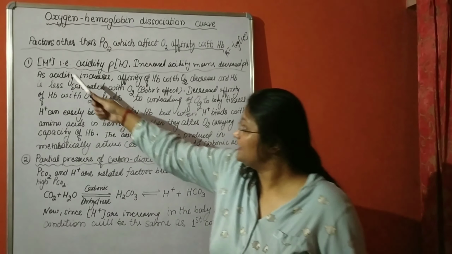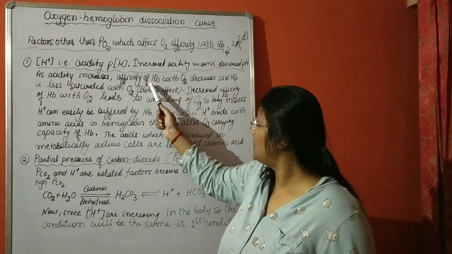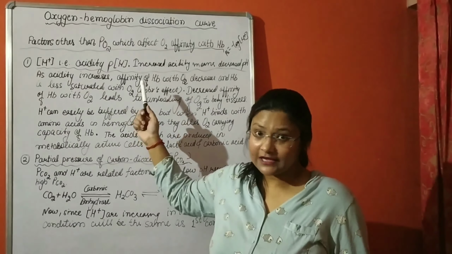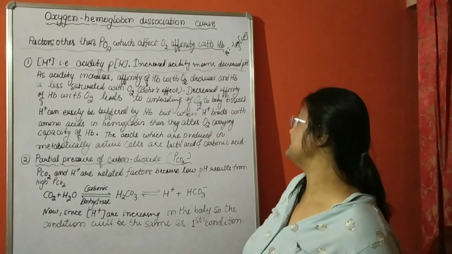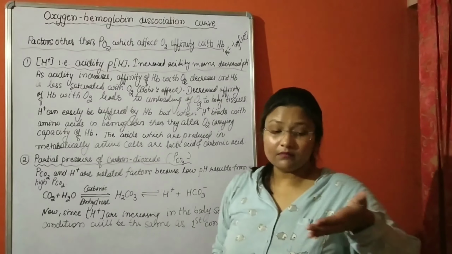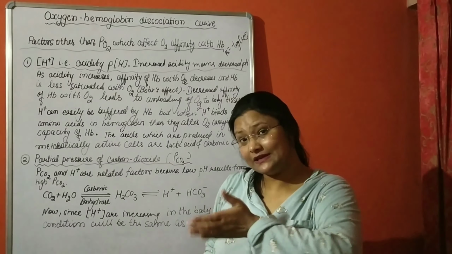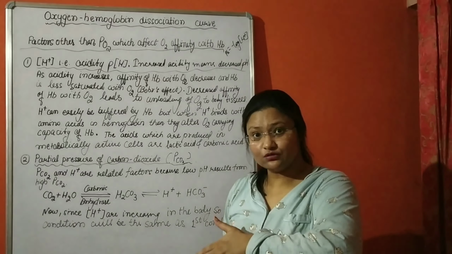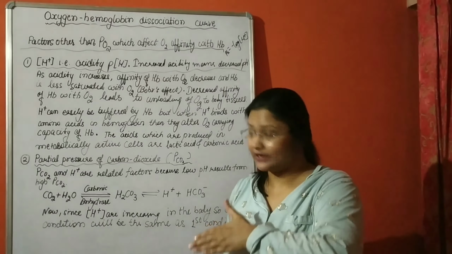So when H plus ions increase, binding affinity of hemoglobin with oxygen will decrease. So oxygen will tend to leave hemoglobin and diffuse into the body tissues. This phenomenon is also known as Bohr's effect.